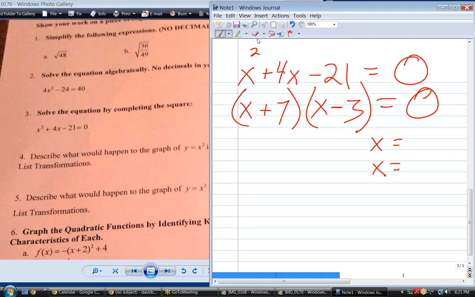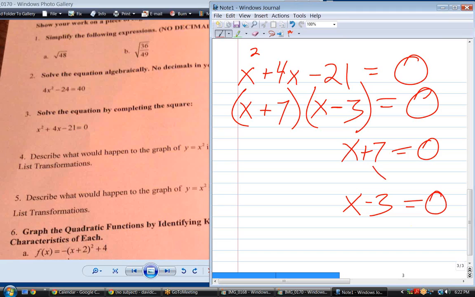Opposite signs. In other words, when I get to this point here, I'm able to say, because this theorem in algebra says that if you multiply two things together and you get 0, then set both of them equal to 0 and solve. So I'm going to set x plus 7 equal to 0, and I'm going to set x minus 3 equal to 0.